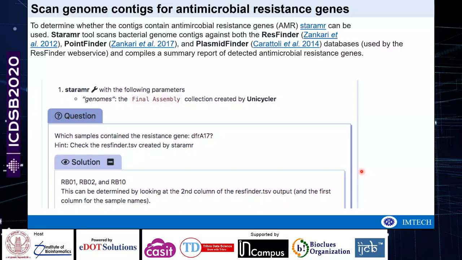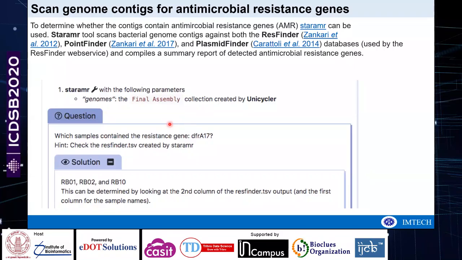The most famous databases are ResFinder, PointFinder, PlasmidFinder, or the CARD database, which is a comprehensive database to identify antimicrobial resistance genes. For this I have used the staramr tool, and the input for this is the final assembly collection, which we created using the Unicycler tool in our previous step.